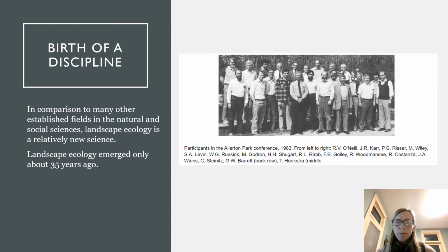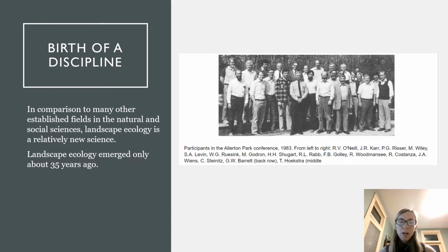In April 1983, 25 ecologists and geographers were invited to a 3-day workshop in Allerton Park, Illinois. And this was really the beginning of the North American brand of landscape ecology. They were invited to discuss the idea of developing landscape ecology in North America.